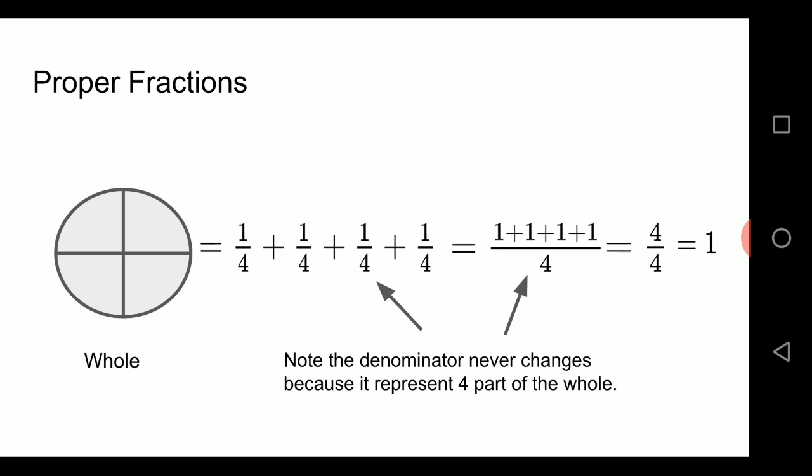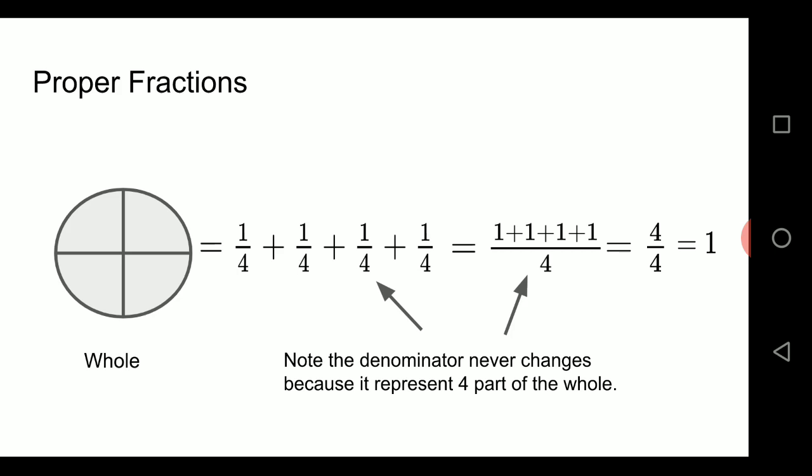Any part you take, for example three parts out of four, is going to be less than the denominator 4. The maximum you can take is 4 out of 4, which is as good as taking the whole of this circle.